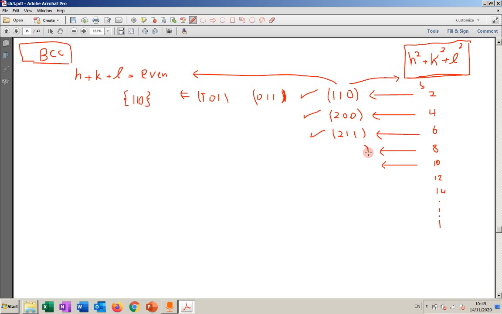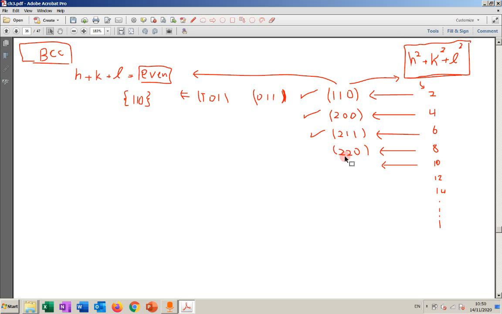For 8, how can I get 8 here? If I go for 2, 2, 0, 2 square is 4, 2 square is 4, and 4 and 4 will be 8. 2 plus 2 plus 0 is 4, 4 is an even number. Remember please, their summation, do not compare it with here. This is their square, not their summation.